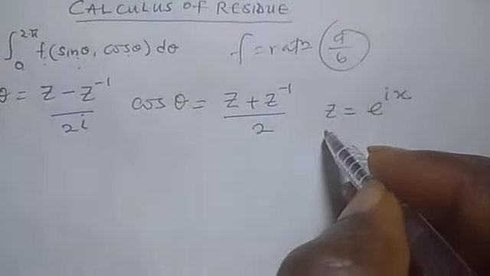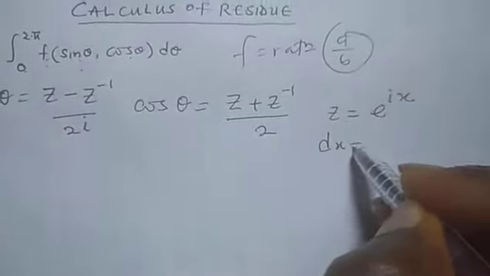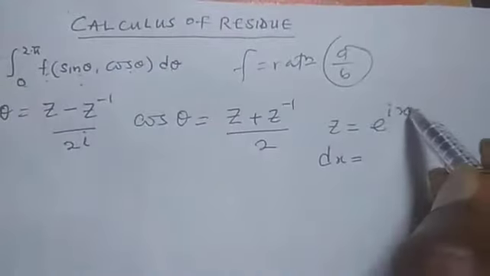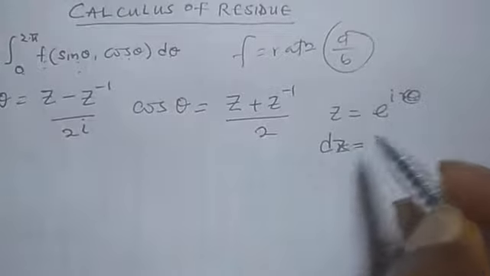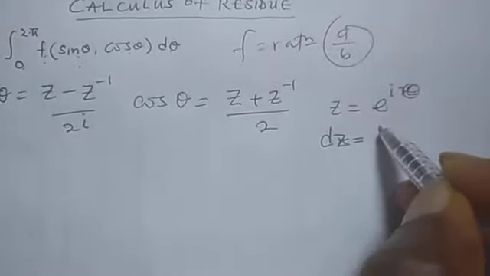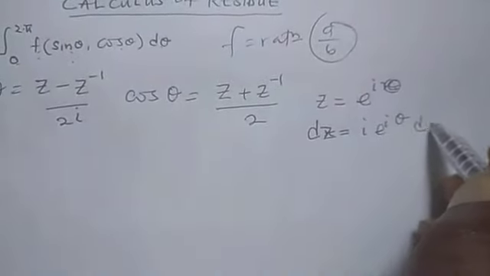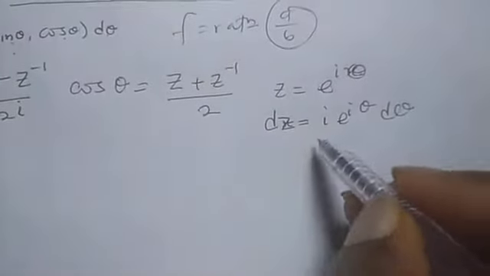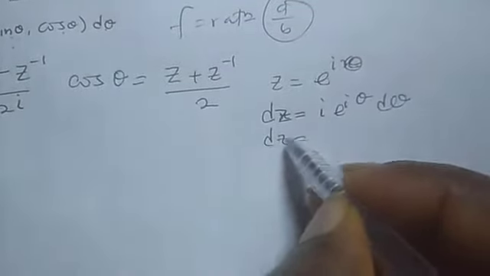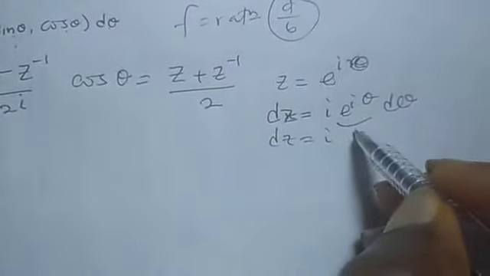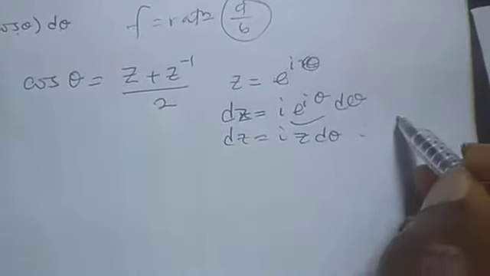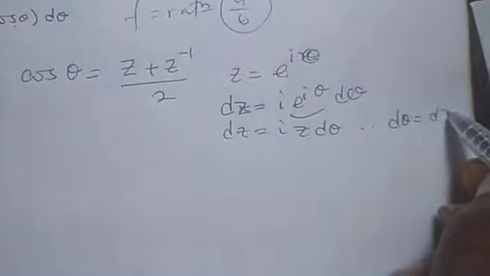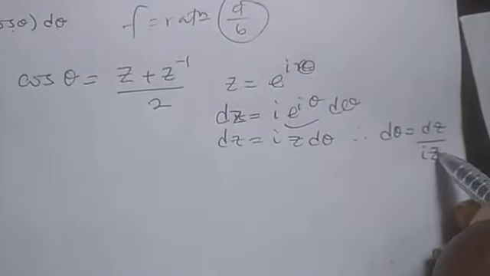From this, if I differentiate it, we are dealing with theta, so I will have exponential i theta d theta. You now observe that this e to the i theta is still our z. So therefore, our d theta is equal to dz over iz.